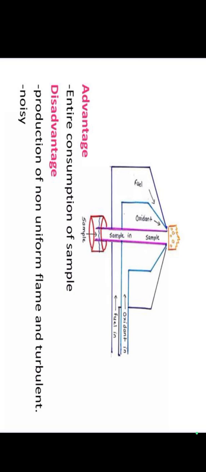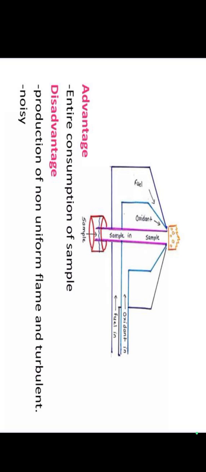When this liquid sample reaches the base of the flame, it is expelled by the oxygen into droplets. The residue is further reduced to atoms, followed by the excitation process. These are the working conditions, and now we see the total consumption burner's merits and demerits, that is, advantages and disadvantages.